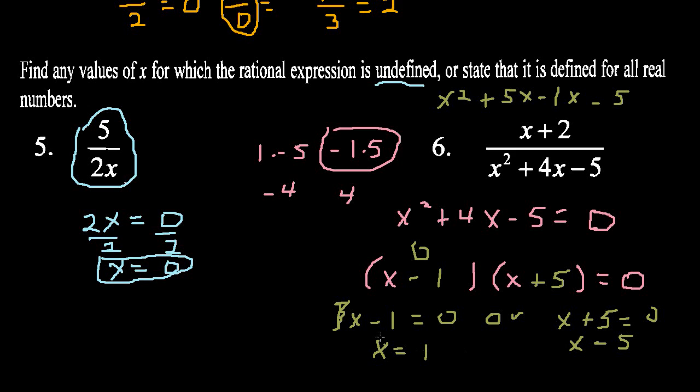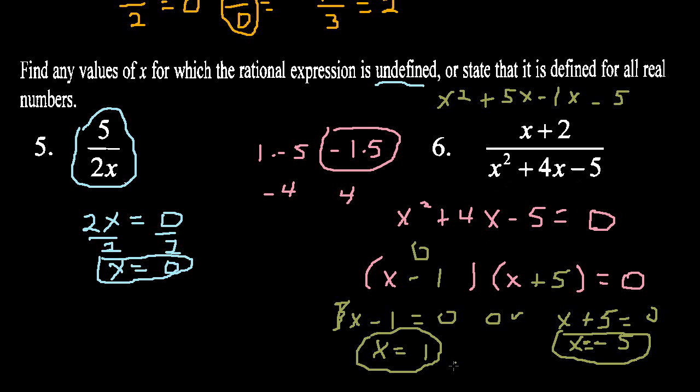And sure enough, those two values for x, x equals 1 and x equals negative 5, will make this undefined. And just to see really quickly, if we square 1, that's 1, plus 4 times 1, that's 1 plus 4 is 5, 5 minus 5 is 0.